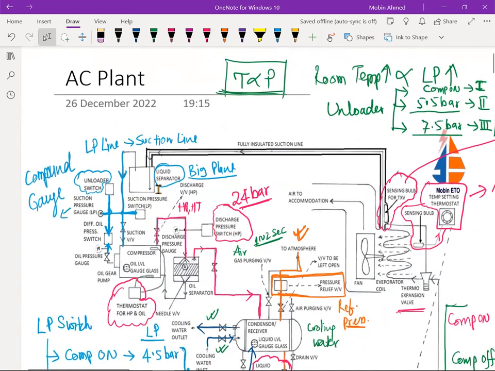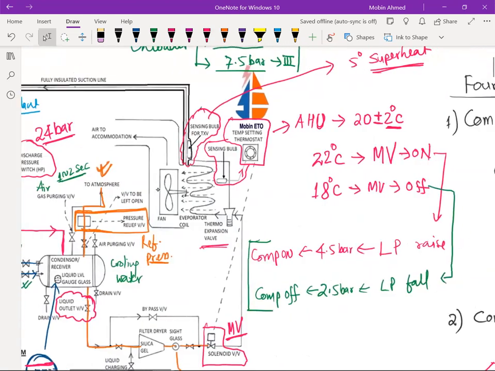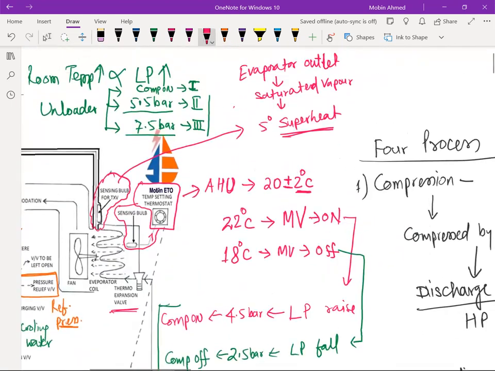This 5 degrees superheat is set in the TV. The sensing valve of the TV is placed in such a way that it always provides 5 degrees superheat. This is the factory setup.